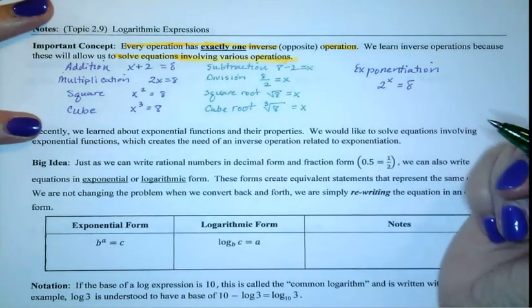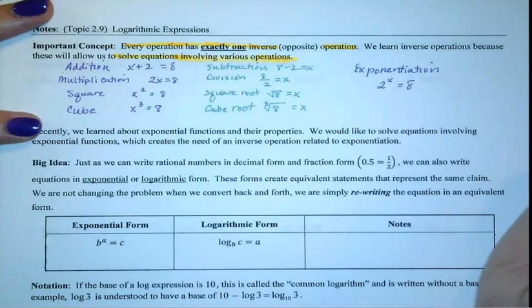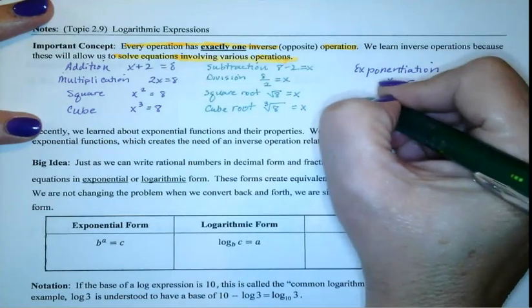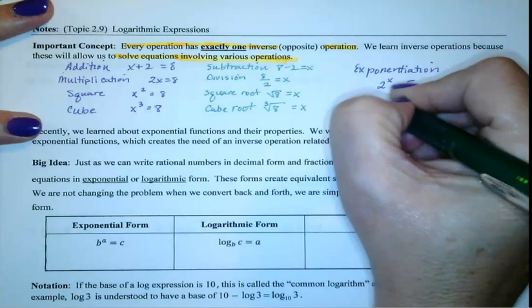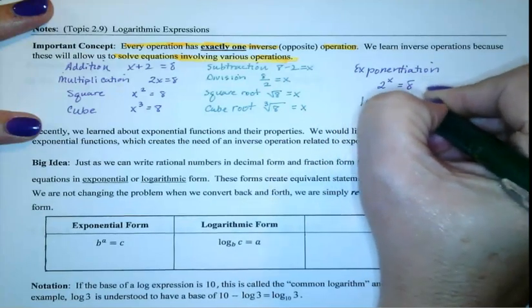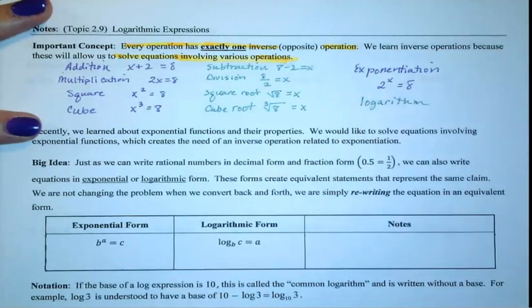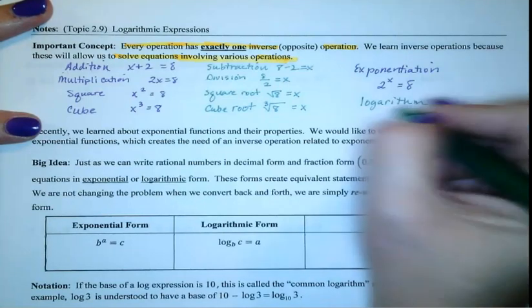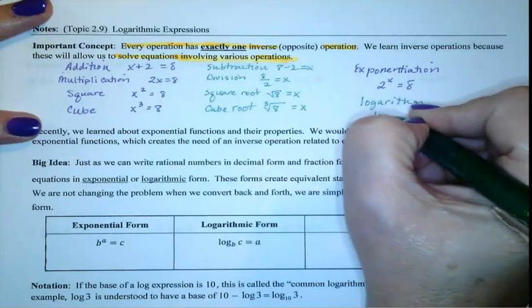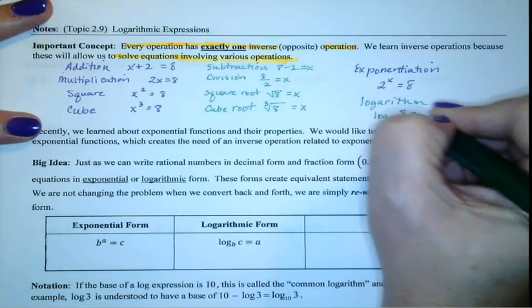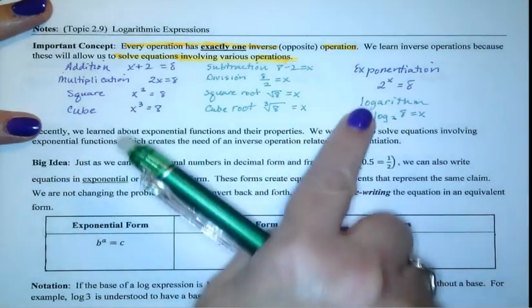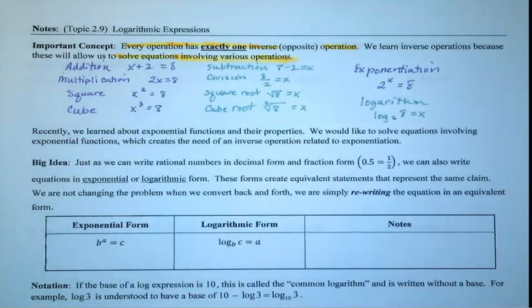And the opposite operation to that, what would undo that, is logarithm. A logarithm would be something like log base 2 of 8 equals x. And that's what we're going to focus on today, working our way around those things and going back and forth between exponentiation and logarithm.